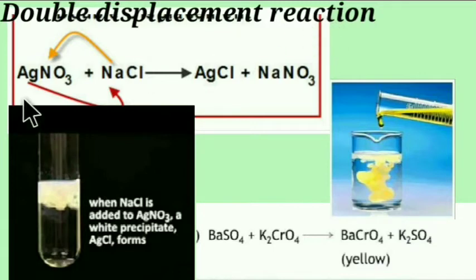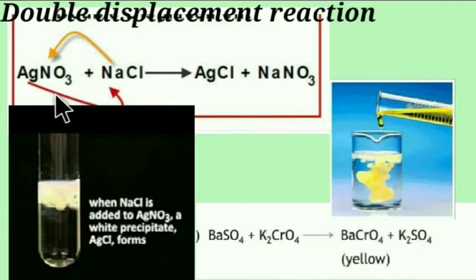We have seen in equation number 9 that a white precipitate of silver chloride is formed by an exchange of silver and sodium ions present in the reactants.